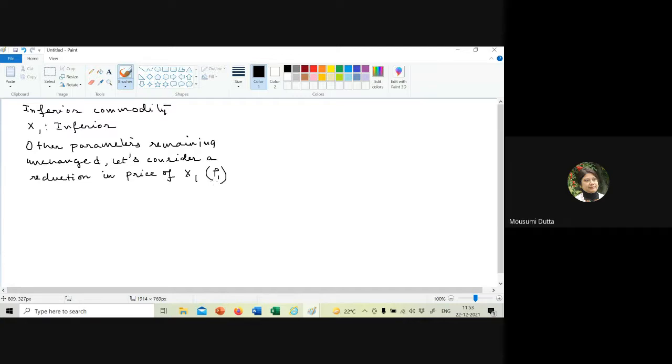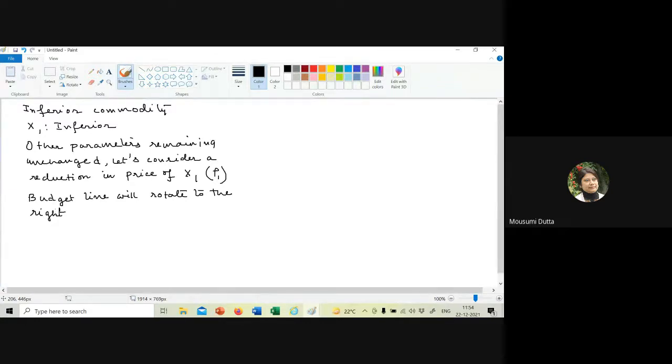Other things remaining constant, that is money income of the consumer and price of X2 remaining constant, let's consider a reduction in price of X1. In the first step, the budget line will rotate to the right.